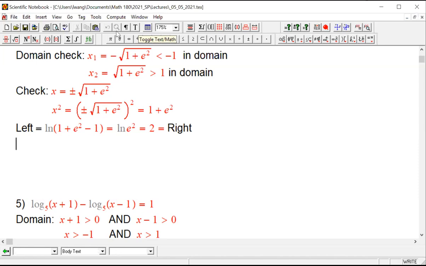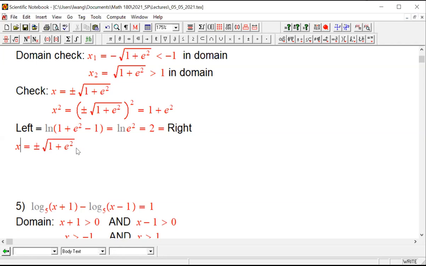And then you can say, hey, x equals plus or minus that are solutions to the equation, whatever it is.